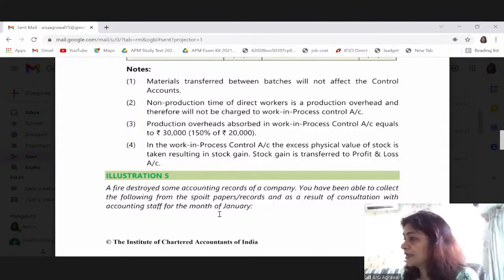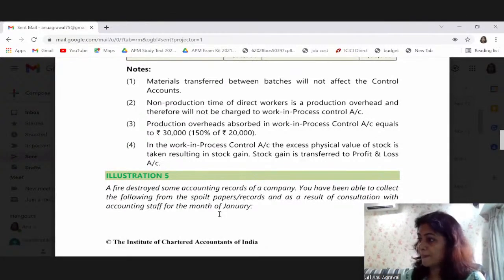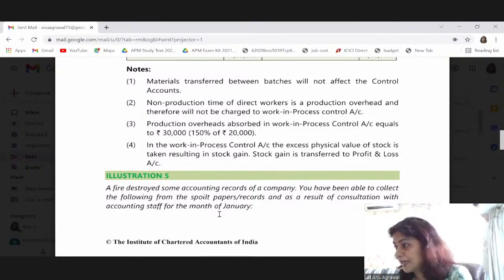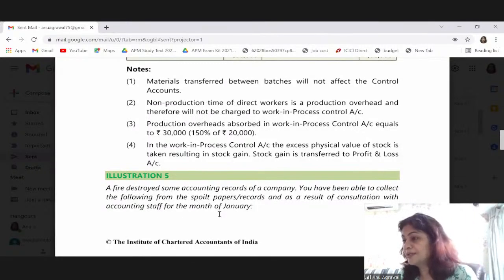Vivek, ma'am, wages non-productive time is 5,000 transferred to production overhead control account. But non-productive wages are always an overhead. You're saying it, no? Non-productive time, you're talking about the idle time, no? So idle time, please go down to your employee costing.